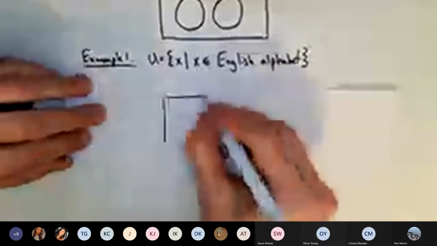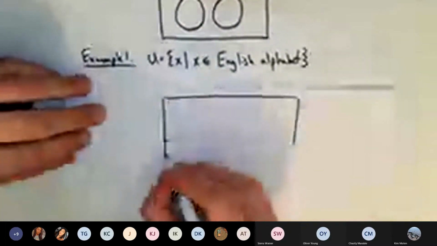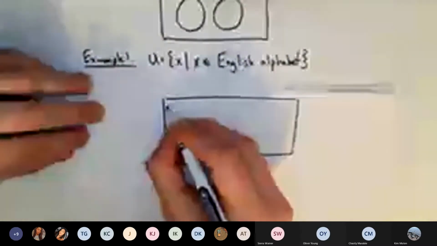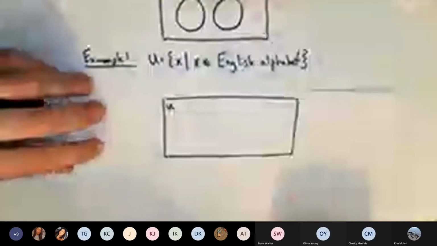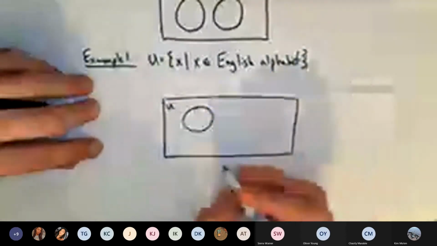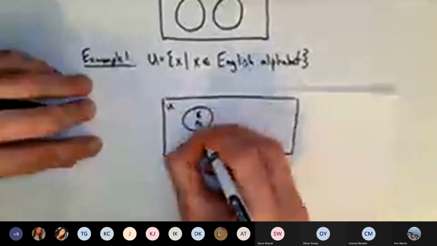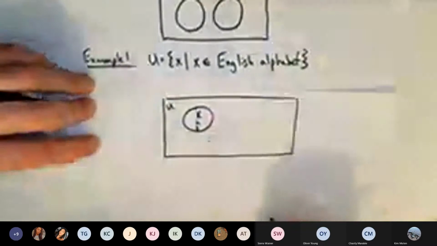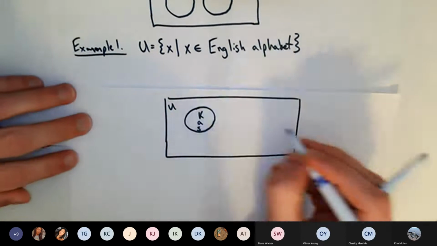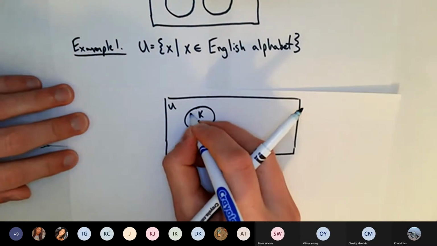Okay. Here is our picture with the sets S, T, and V inside of our universal set. The set S contains the letters K, A, and lowercase s. And I'm going to name them with a blue marker just so we know that the letter in here is not an alphabet letter.